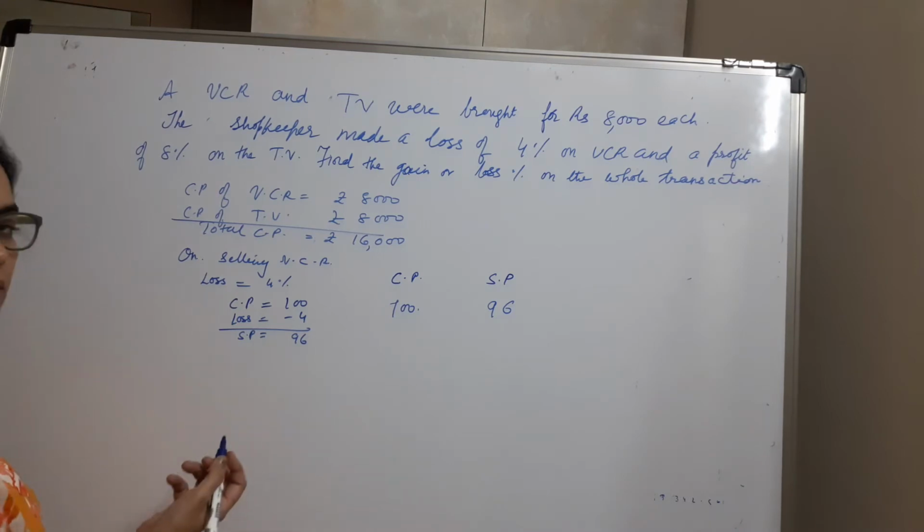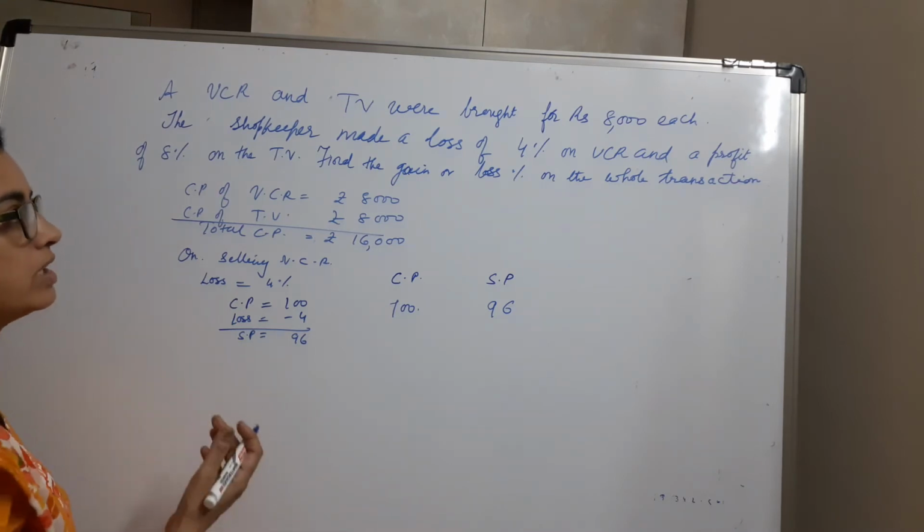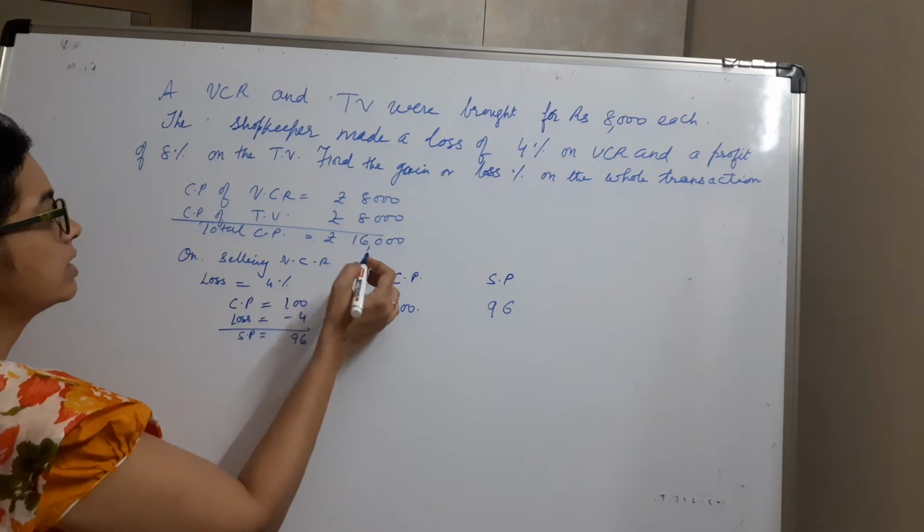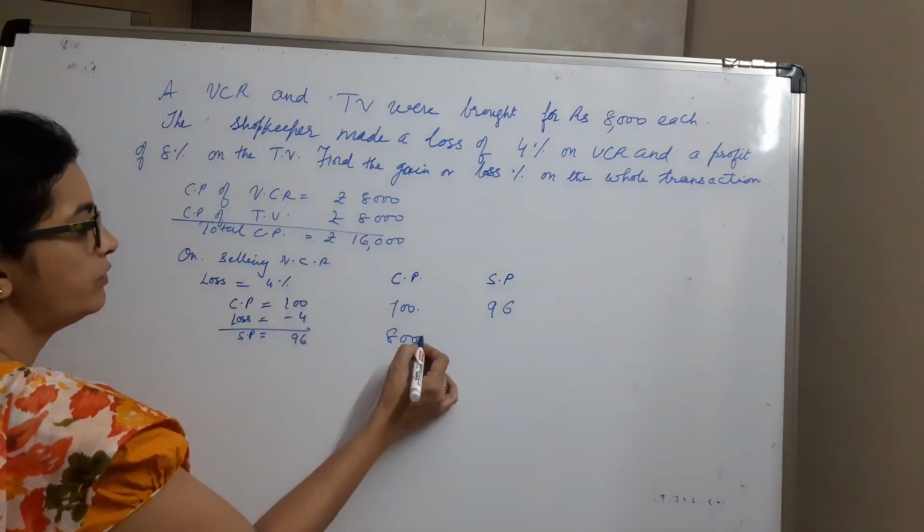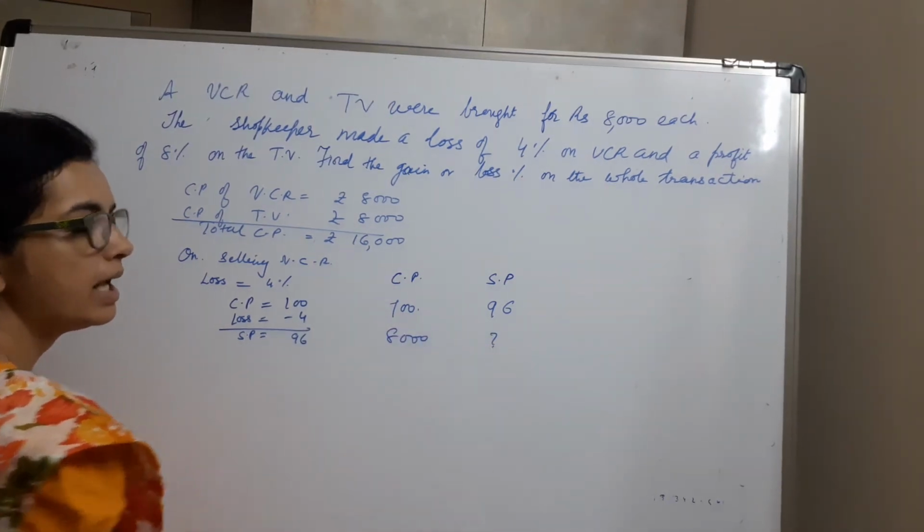But we are purchasing the VCR for rupees 8,000. Our CP is rupees 8,000 for the VCR. So what will be the SP?